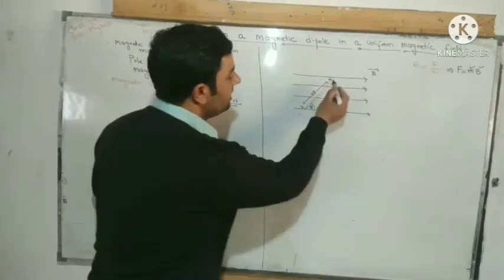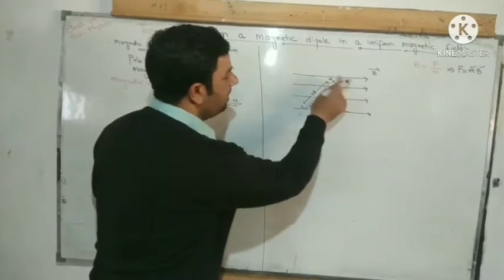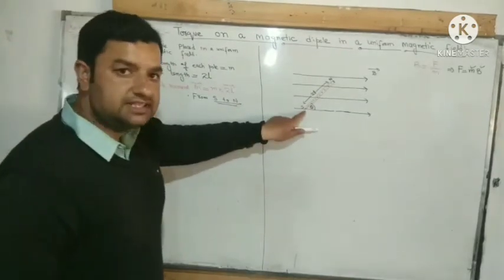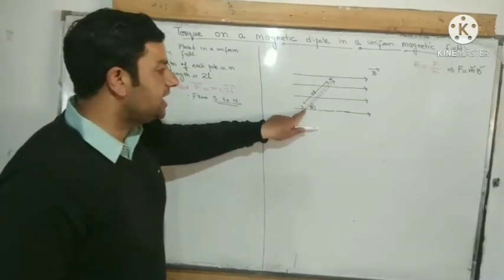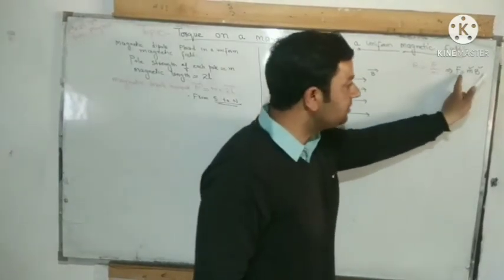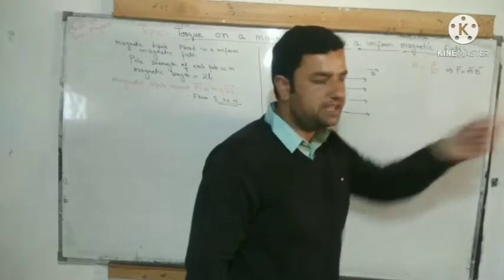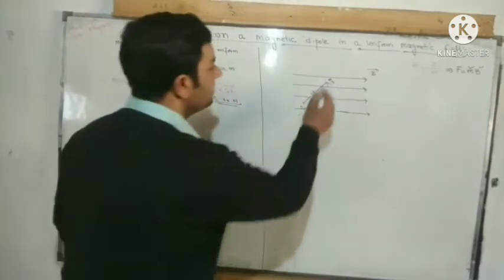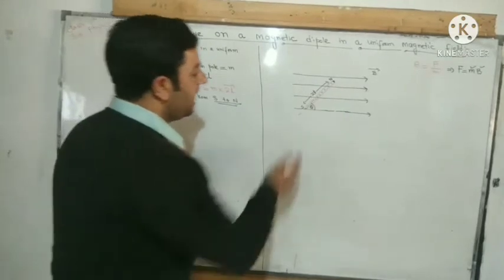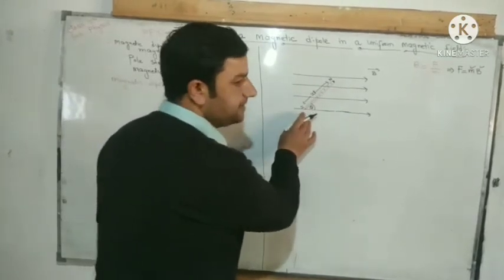Both the north pole and the south pole have pole strength m, so both poles will experience force F is equal to mB.